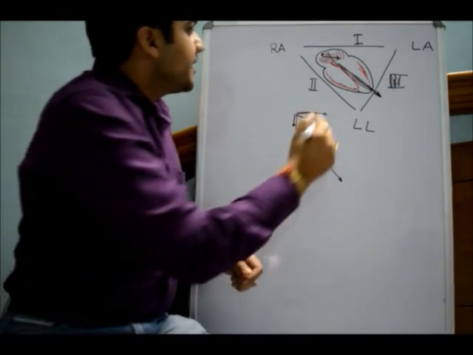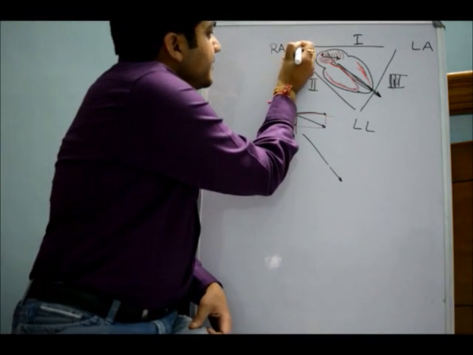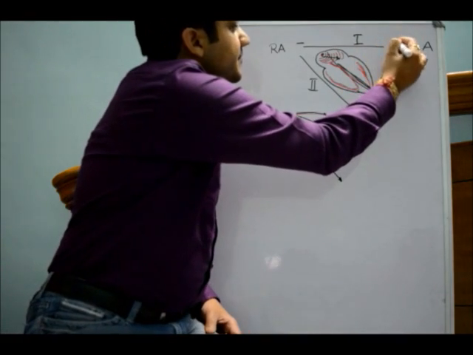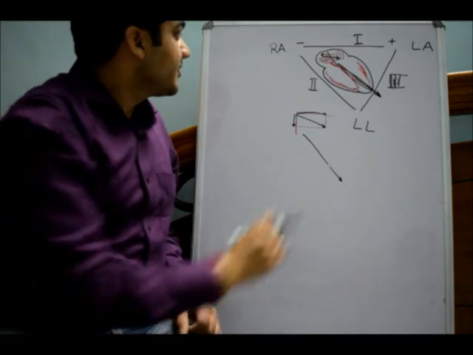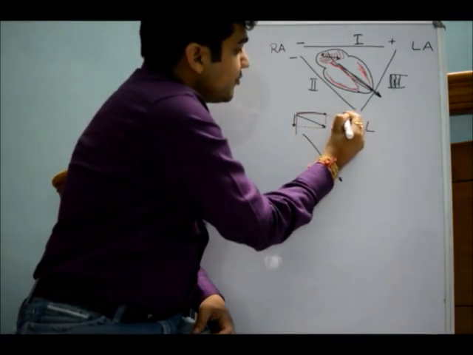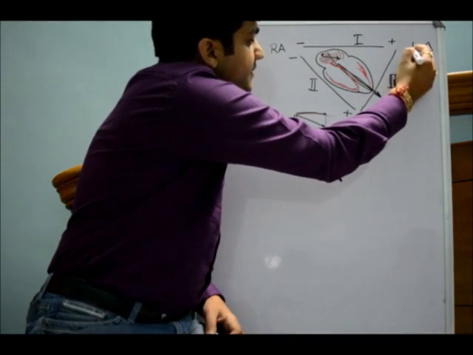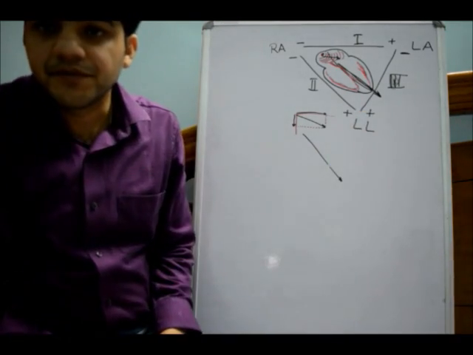And what is the direction of these? This is the negative electrode for lead 1, and this is the positive end for lead 1. For lead 2, this is the negative end and this is the positive end. And for lead 3, this is the negative end and this is the positive end.